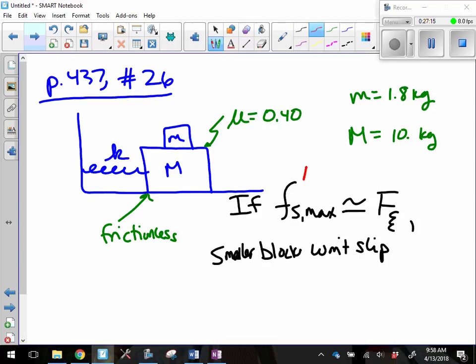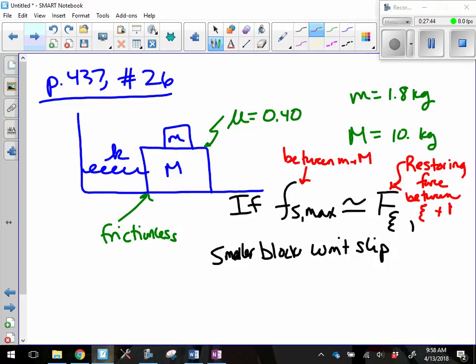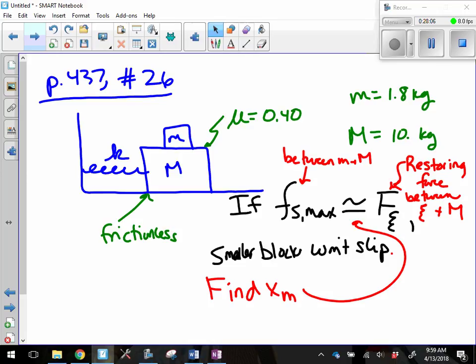Remember that Fs max is between little m and big M, and this is what we call the restoring force, between the spring and big M. And so we're going to find x max for that condition, that Fs max is equal to the force from the spring.